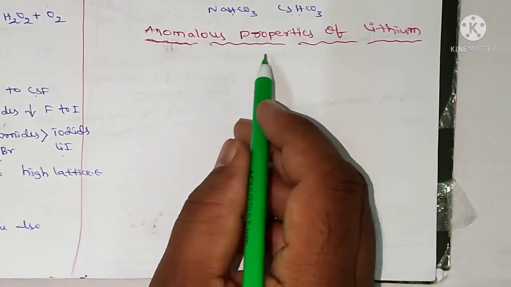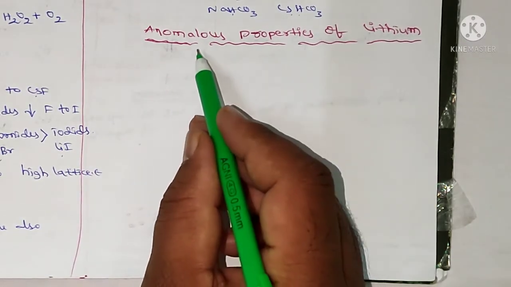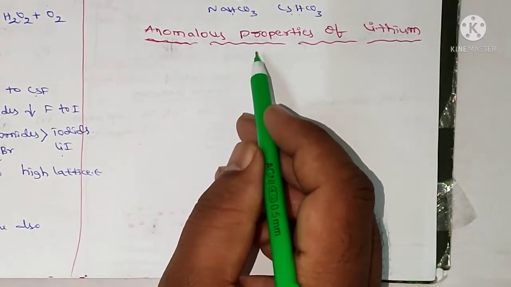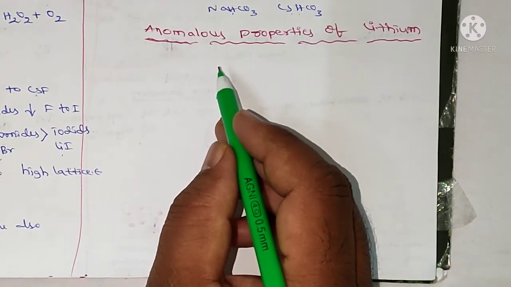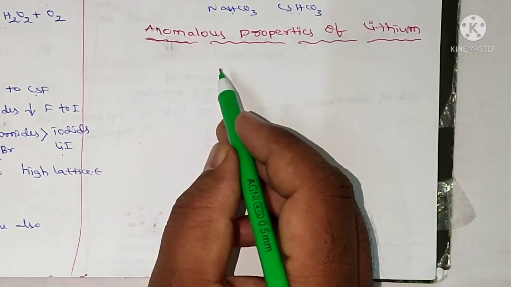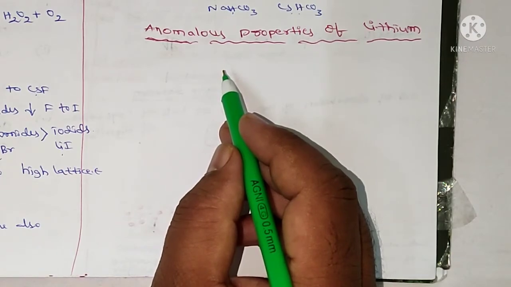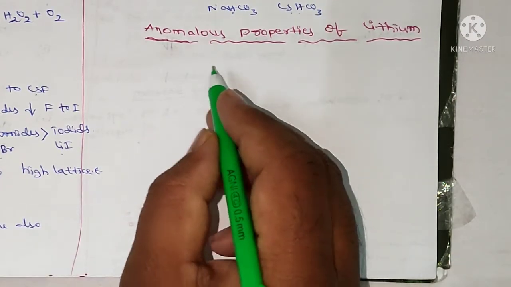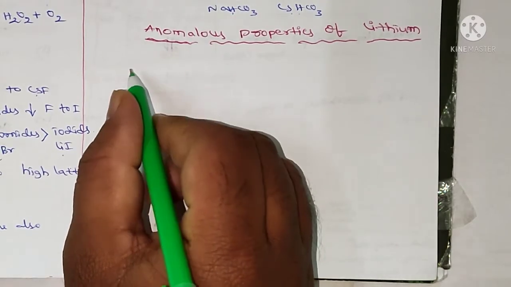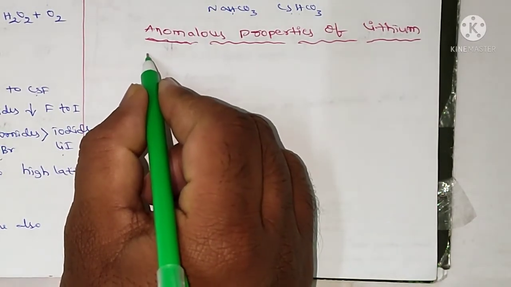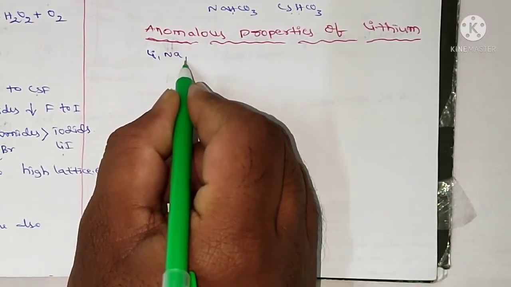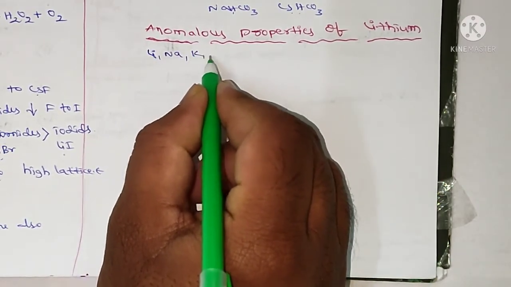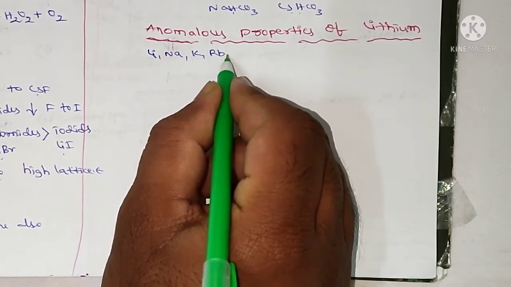Next one, anomalous properties of lithium. Anomalous properties means different properties. We know that elements which belong to the same group can have the same properties. For example, if I take first group elements, alkali metals, lithium, sodium, potassium, rubidium, cesium.